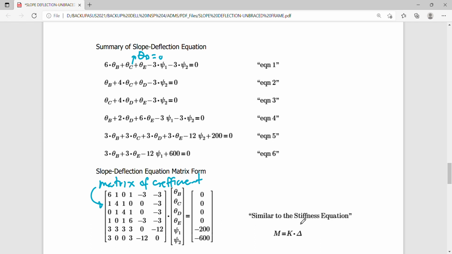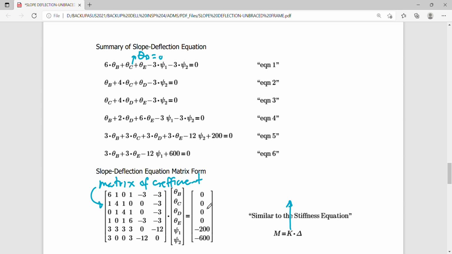Okay, similar to the stiffness equation K, if you are doing a systematic stiffness procedure, finite element procedure. And then you multiply it by the generalized displacements, which starts from theta B, theta C, theta E, minus, psi 1 and psi 2. Don't mind the sign there because the signs will be carried by the matrix coefficients.